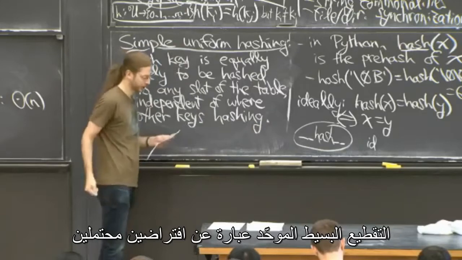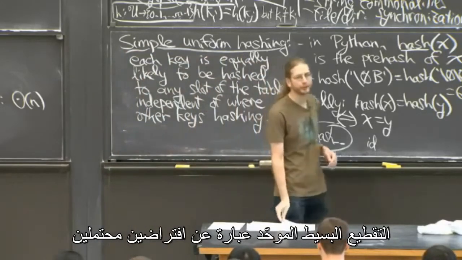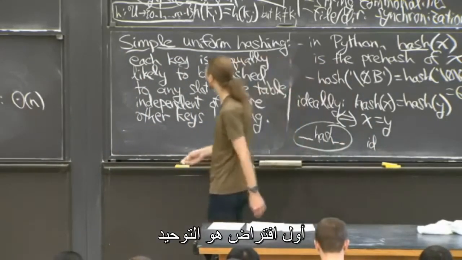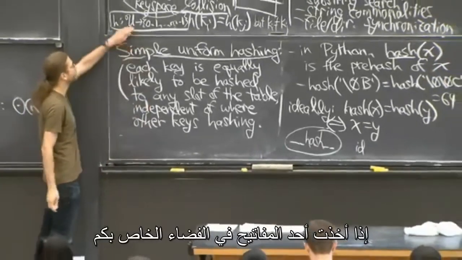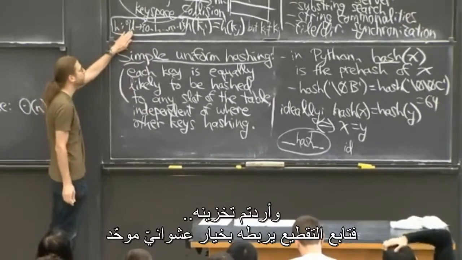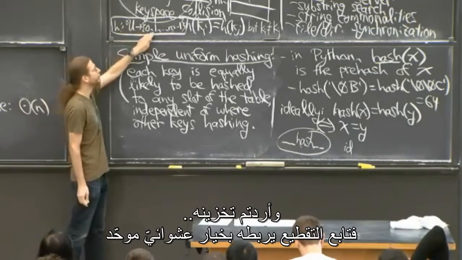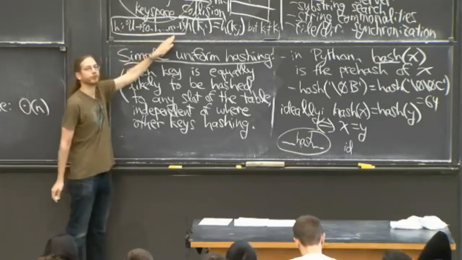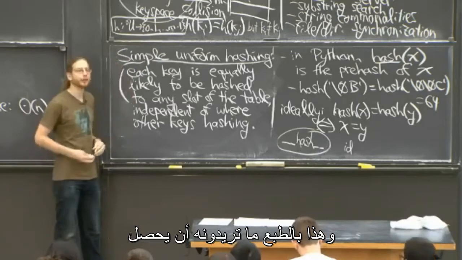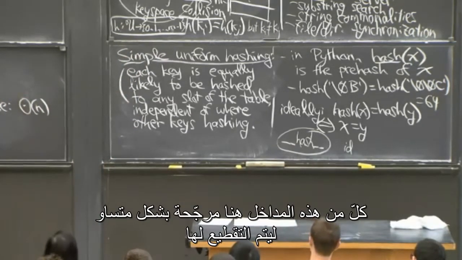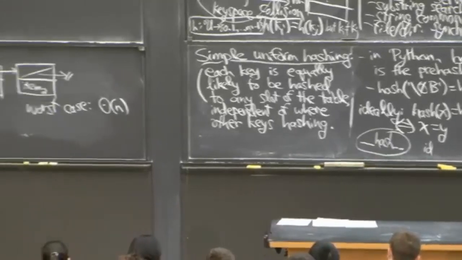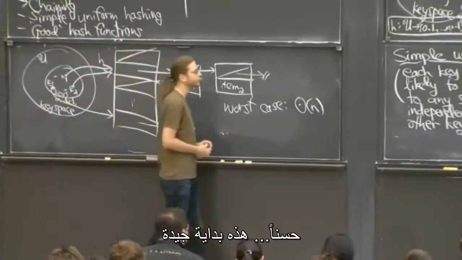Simple uniform hashing is essentially two probabilistic assumptions. The first one is uniformity. If you take some key in your space that you want to store, the hash function maps it to a uniform random choice. This is, of course, what you want to happen. Each of these slots here is equally likely to be hashed to. OK, that's a good start.